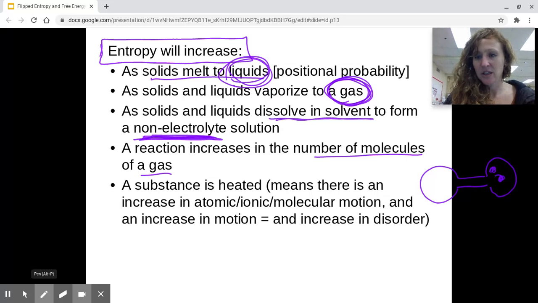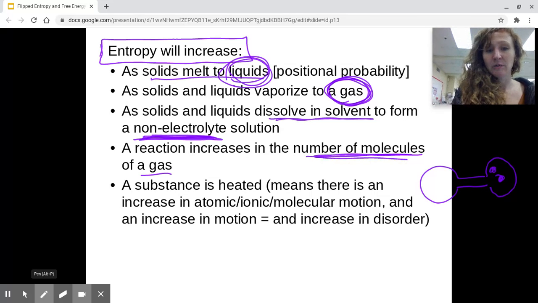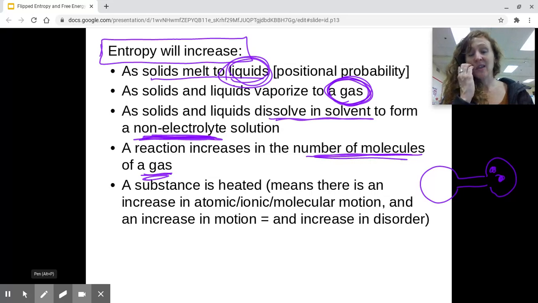If we're dealing with 2 molecules, the probability of finding them both on the left side was 1/4. Well, if that increases to just 3 molecules, so an increase in the number of molecules of a gas, then the probability of finding them on that left side is going to be so much lower. What is that? 1/2 raised to the third, 1/8. So you have an eighth of a chance for all those molecules to be located on the left side.